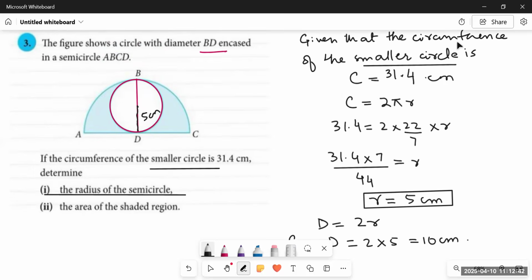So it means the diameter of the circle is equal to the radius of this semicircle. It means the radius of the semicircle and the diameter of the circle are equal to each other. So if we have found the diameter of the circle, we can say that it is also equal to the radius of the semicircle.